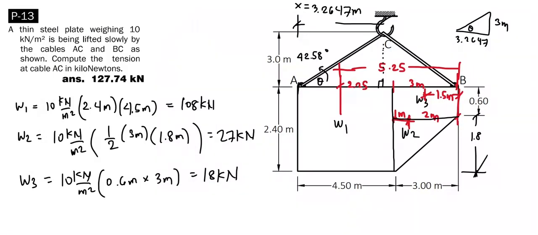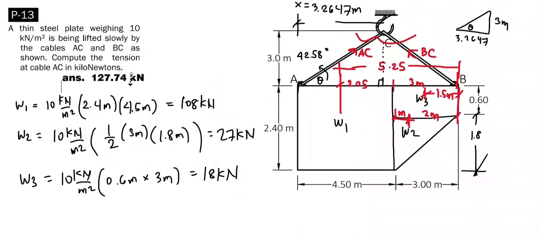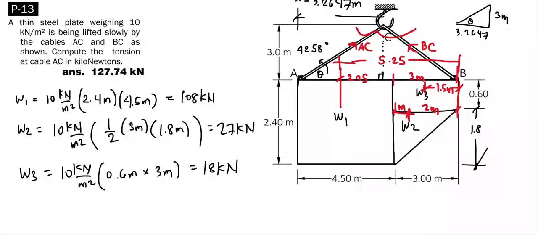Then we can solve for the tension at cable AC by cutting this segment and exposing tensile forces AC and BC. Now we take the summation of moments at point B equal to 0, considering counterclockwise to be positive.